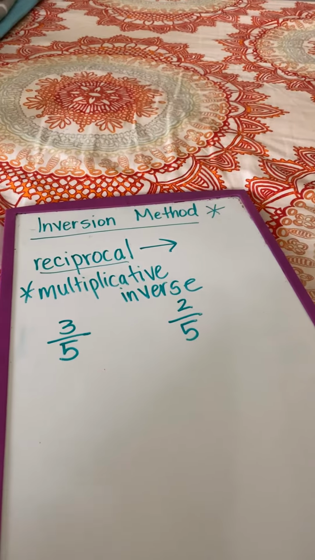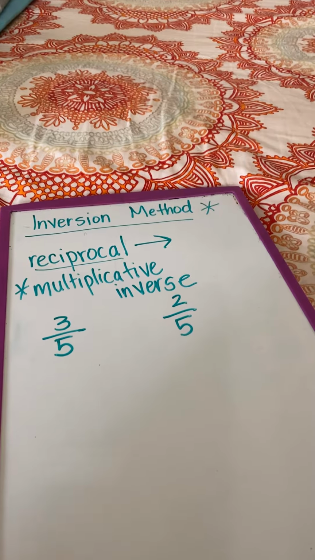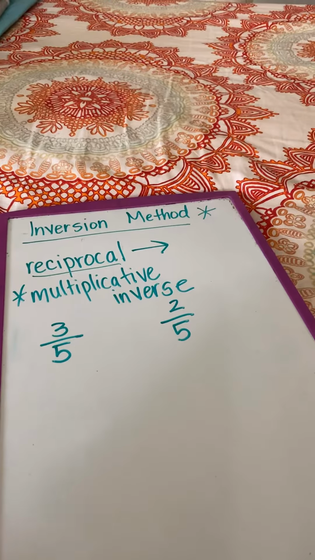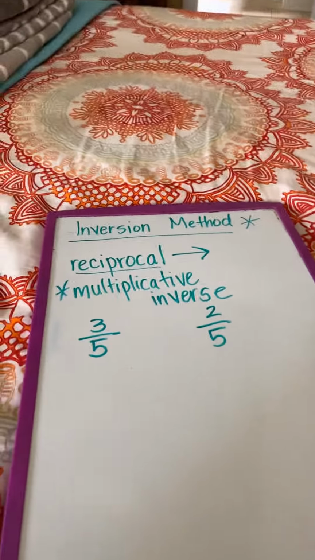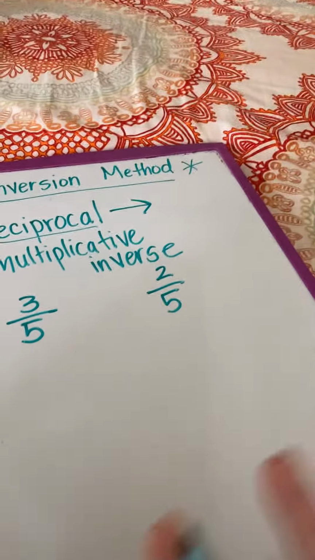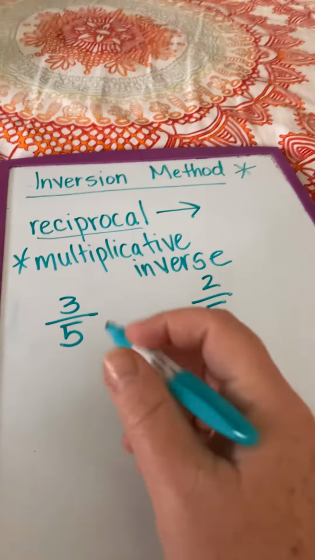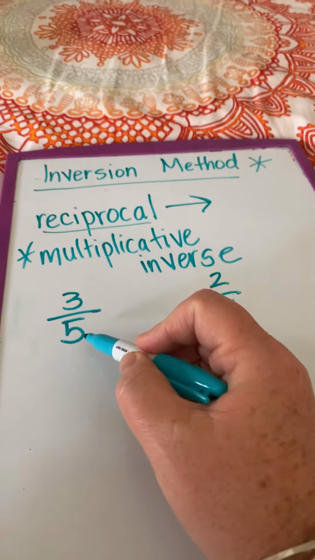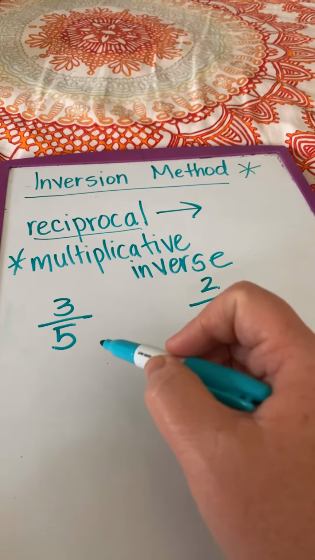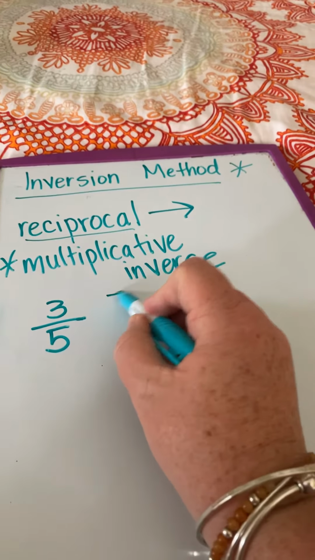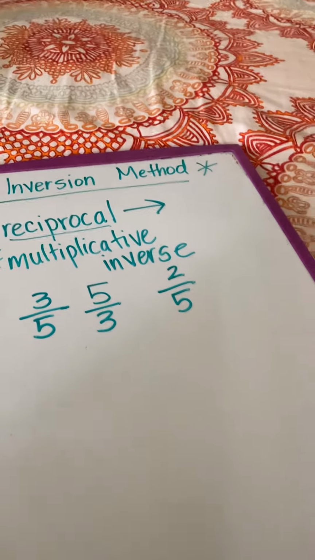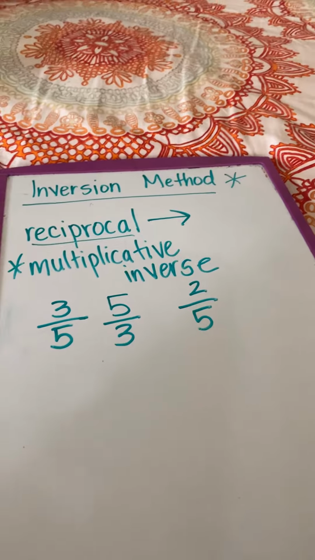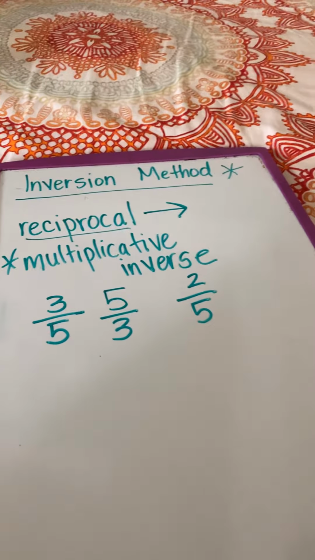One word you have to know is reciprocal. Basically, it's the multiplicative inverse, and that is a big, giant word. So I'm just going to show you, because once I show you, you will have it. I have the fraction 3/5, and if I want to find the reciprocal of 3/5, it is just this. It's 5/3. If we were at school and I said, hey, what did I just do to this number? You might just say, you flipped it over.